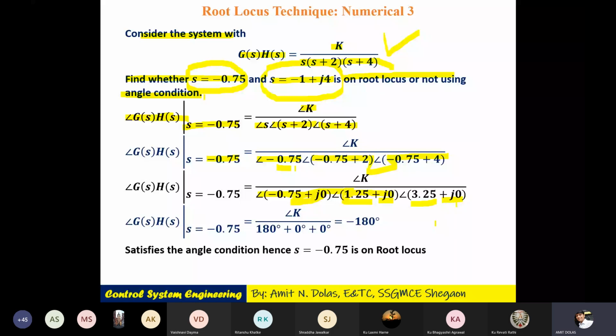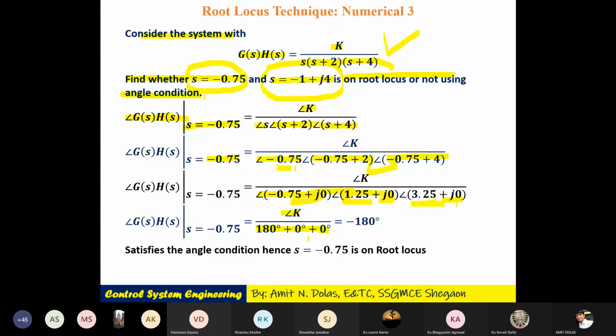So calculating the angle, it will be angle of k divided by: this will be 180 for the first, plus another will be 0, another will be 0. So together the addition is 180. So it will be angle of k divided by 180. Taking it to this side, it will be minus 180 degrees.